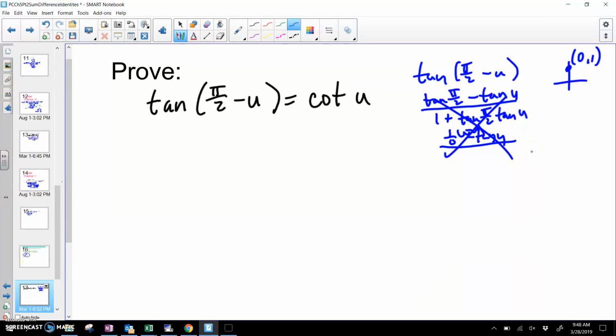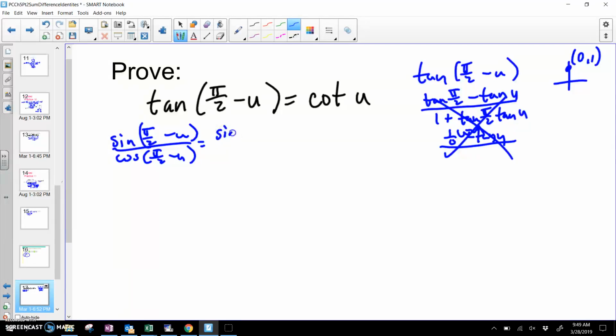So the reason I can't use the tangents in this case is because it's actually undefined there. Okay, so in this example, I first write it as sine of pi over 2 minus u over cosine of pi over 2 minus u. Now, a lot of times I've done my proof straight down. This one I'm going to actually work left to right, and I just need my last step.